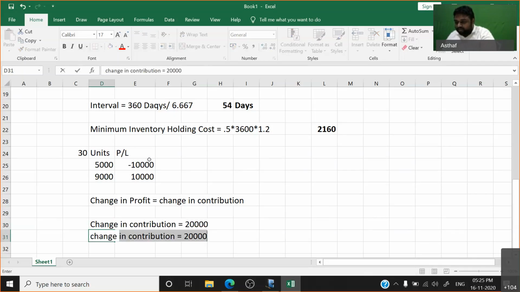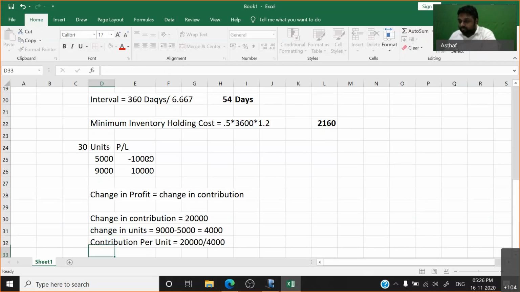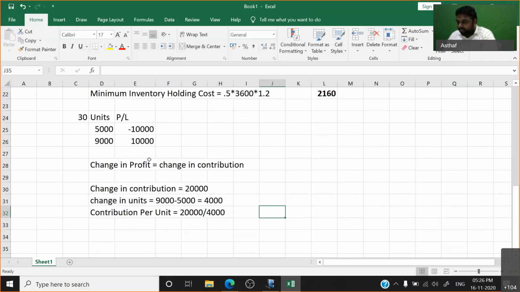Change in units, 9,000 minus 5,000, which is 4,000. So contribution per unit is 20,000 divided by 4,000, which is 5 rupees.